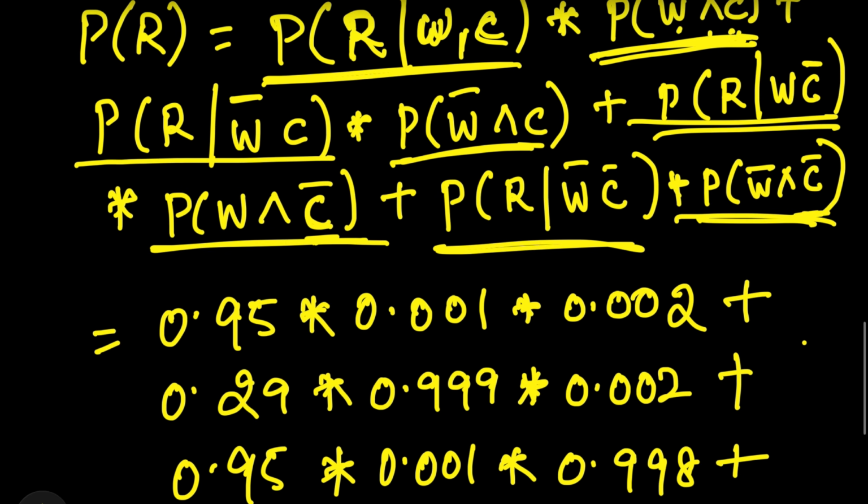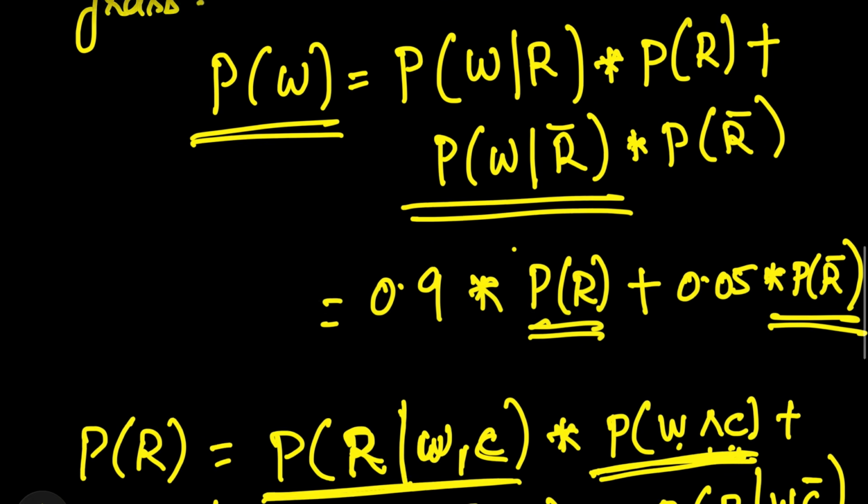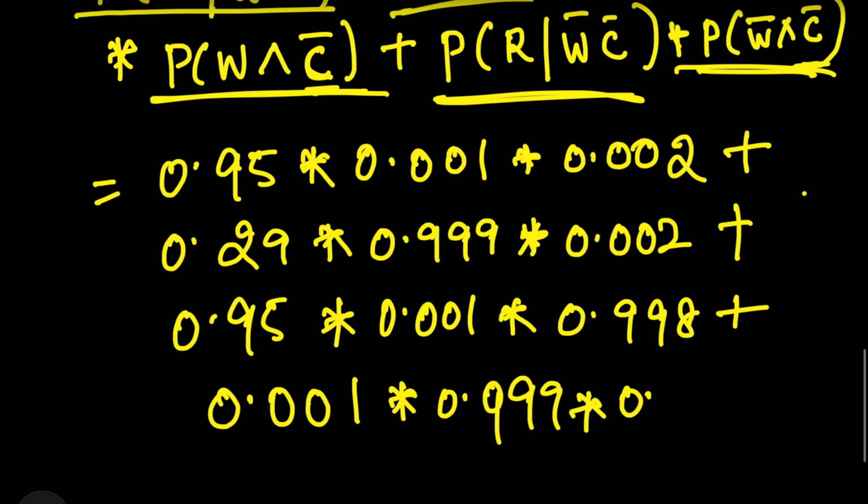P of C negation. So C is false, 1 minus 0.002, that is 0.998.